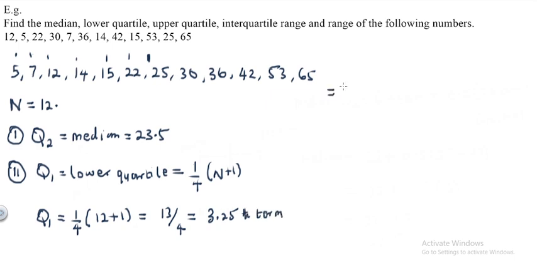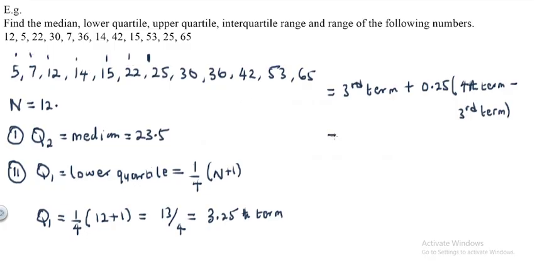The 3.25th term is equal to the third term plus 0.25, open bracket. Now 3.25 falls in between the third term and the fourth term, so this will be the fourth term minus the third term. We go to our list and get those terms. This is the first term, this is the second term, this is the third term. The third term in our list is 12 and the fourth term is 14.